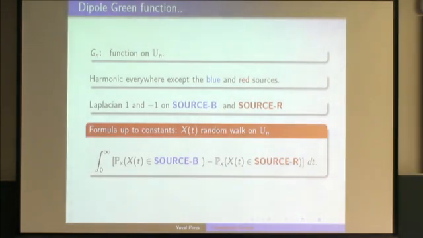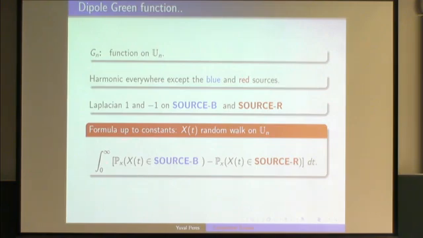This is a function whose Laplacian will be 1 on the blue source and minus 1 on the red source, and it can be constructed in terms of the random walk, up to a constant, by the following procedure. I'm going to run a random walk, and it's convenient sometimes to run discrete time, sometimes continuous time. It really makes no difference. Here I'm using the continuous time notation, but you could also do a sum over discrete time.